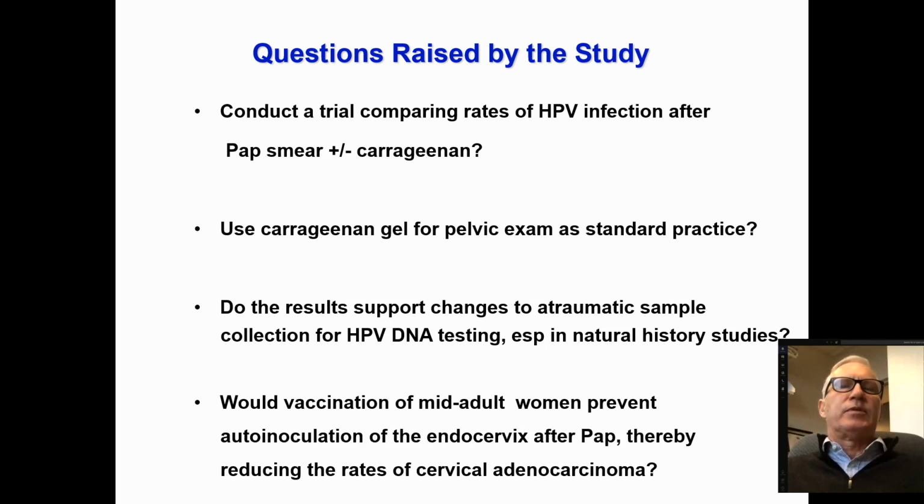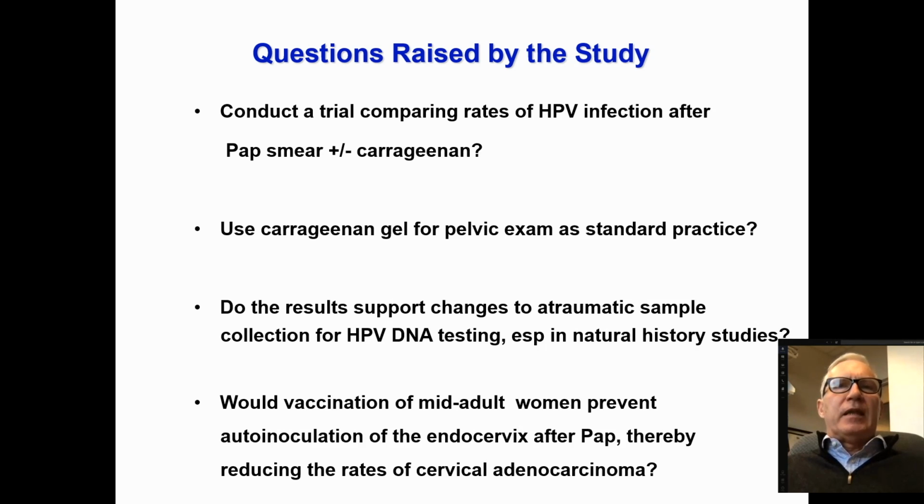We made no attempt to actually place some carrageenan, for instance, at the cervical os after doing the Pap smear to try to inhibit infection. Another thing you could say is, why don't we just use carrageenan gel rather than Surgilube? Because carrageenan gel is marketed as a sexual lubricant, there wouldn't be any reason why you couldn't just use it essentially off-label rather than Surgilube.